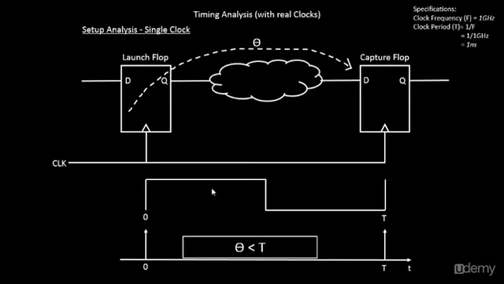This is the requirement we want to satisfy: the data path delay, which starts from clock to Q through the complete combinational delay up to this point, including the wires present over here, all of which is theta, should be less than your clock period T. If this is met, we say that the system is working at 1 gigahertz. That is basically the requirement.